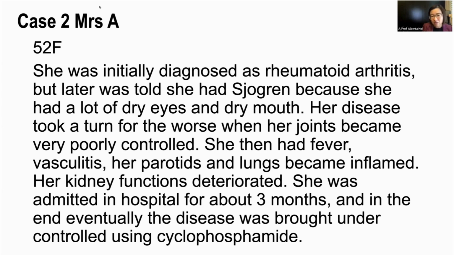On top of that, she also had fevers and vasculitis, which is a skin rash condition. Her parotid gland, her saliva gland, became swollen, and then she also had lung involvement. So quite a few things happened. She was admitted to hospital for some months, and then eventually the disease was brought under control with a chemotherapy agent called cyclophosphamide.